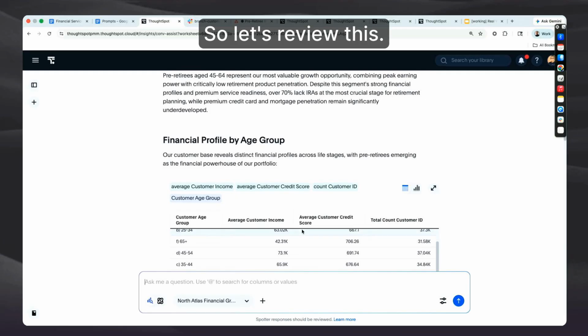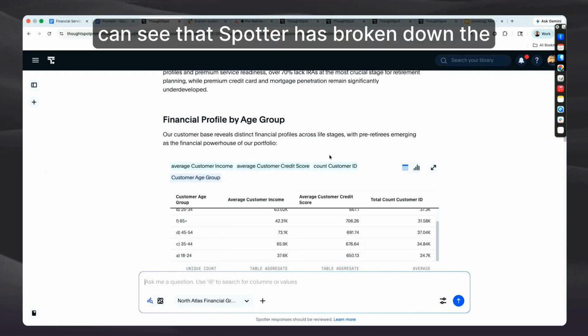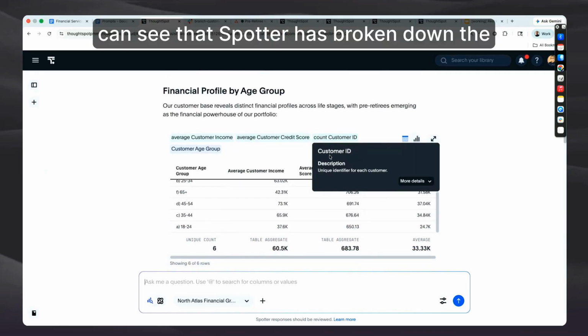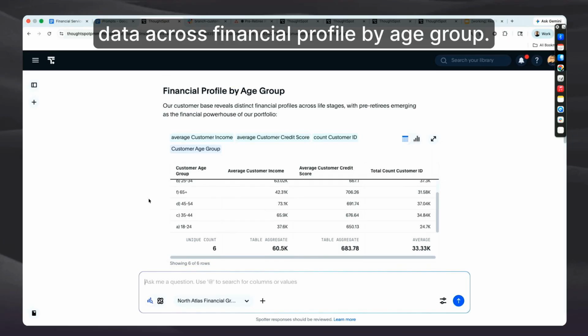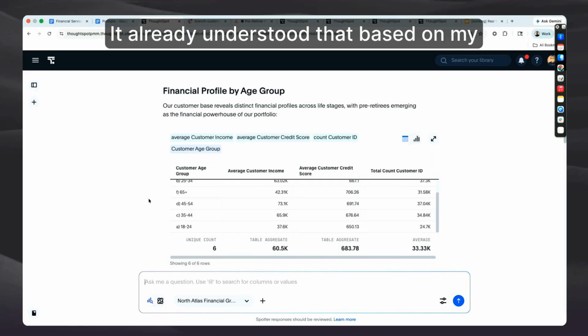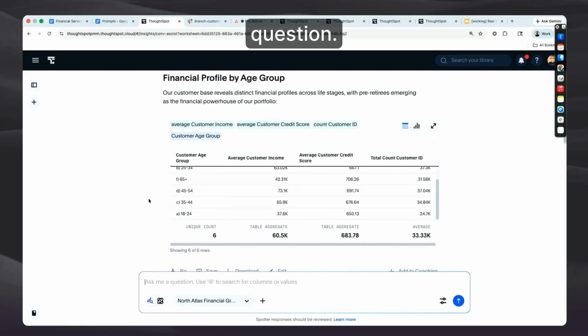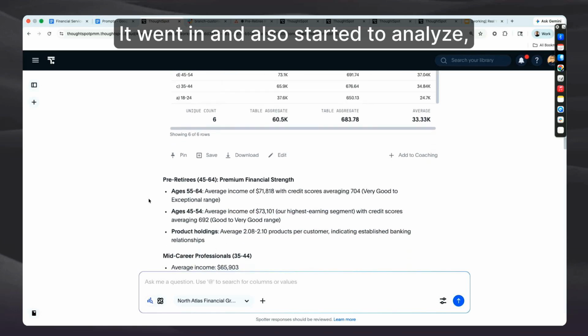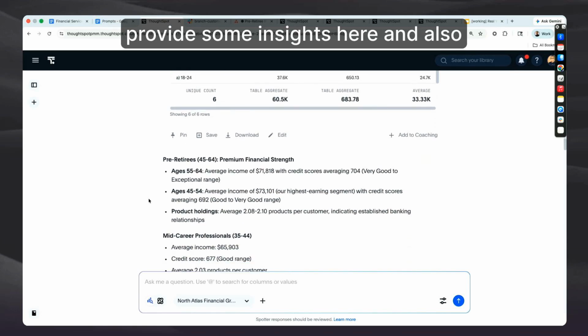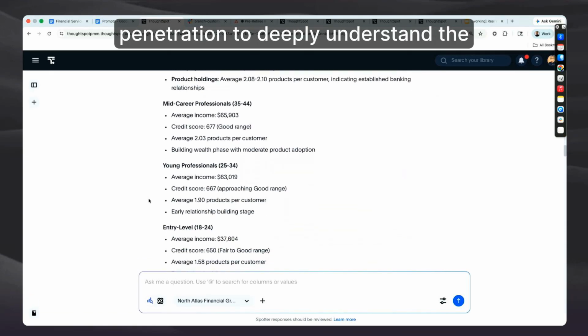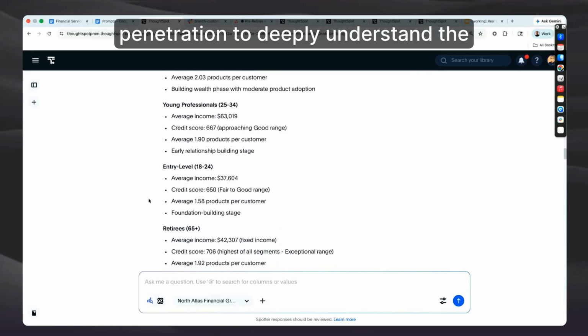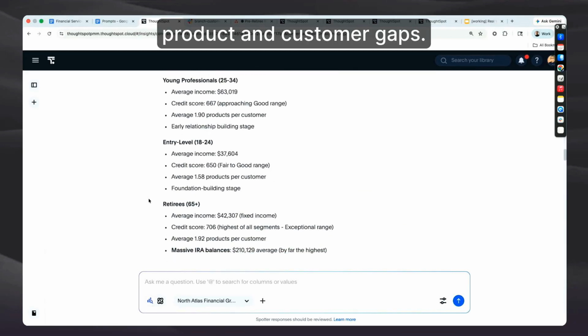So let's review this. I can see that Spotter has broken down the data across financial profile by age group. It already understood that based on my question. It went in and also started to analyze, provide some insights here, and also started to analyze the product penetration to deeply understand the product and customer gaps.